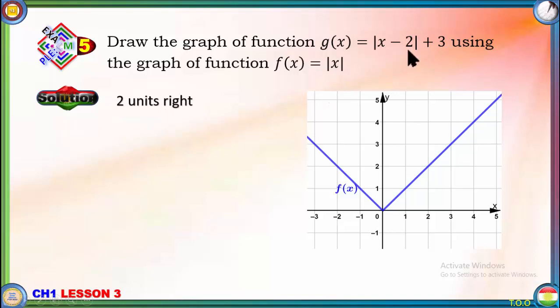We are moving this graph 2 units to the right. Therefore, it becomes here 1, 2. And because it is plus 3, we have 3 units upward. Therefore, 1, 2, 3. This is the graph of the function g(x).